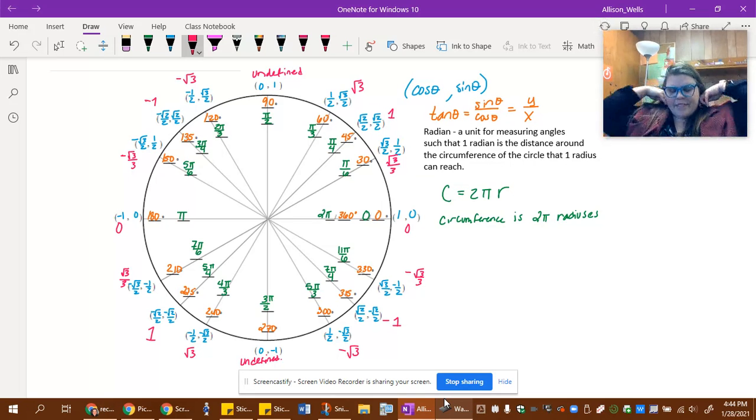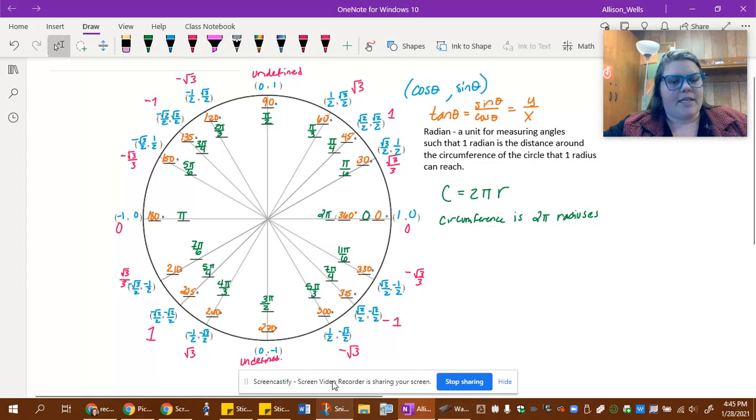Okay, at this point, if you are only here to see how to fill in your unit circle, then you can tune out. The last thing that we're going to do is just practice a few questions that we did in class so that you can see how we use this before the next lesson. So for this, I actually have the quizzes that we used in class. Well, I thought I did.